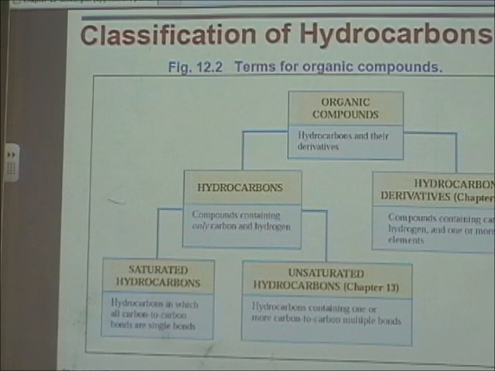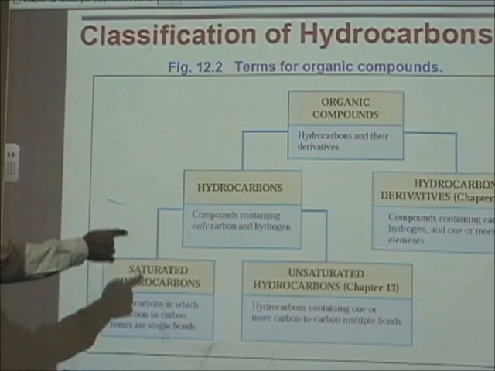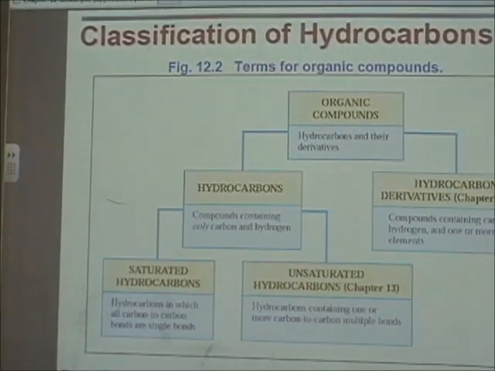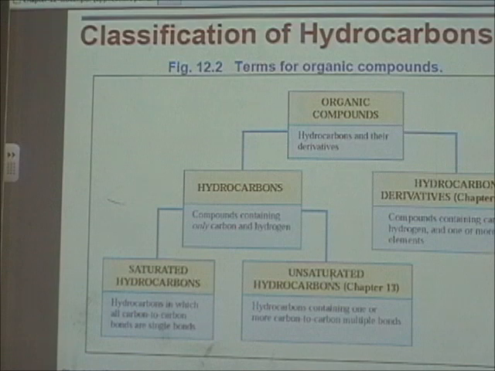The carbon-hydrogen bond is always going to be single. But an unsaturated hydrocarbon has at least one double bond or triple bond. It could be more than one double or triple bond. So no longer are all bonds single, and that's why they're called unsaturated. You understood this now, right?